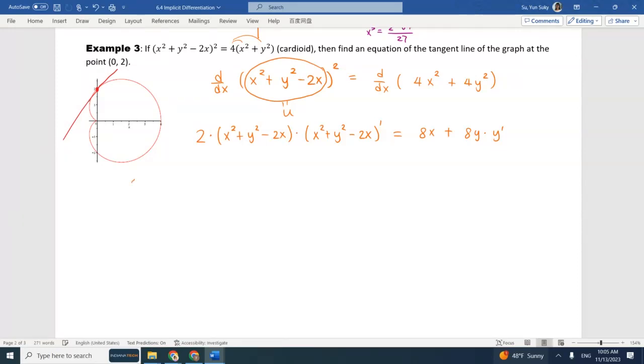So let's see. Okay, we got 2 times (x squared plus y squared minus 2x). And what's the derivative of this triangle factor? Well, the derivative of x squared is 2x. The derivative of y squared, 2y times y prime.